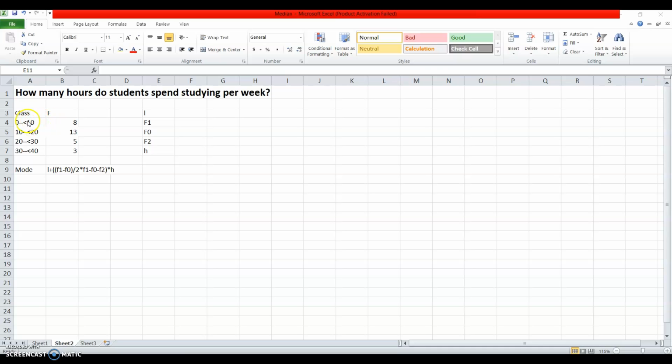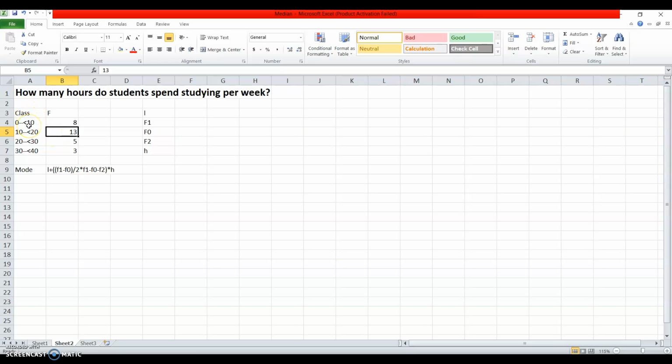So for example, the first row tells us that 8 students spend from 0 to 10 hours studying per week, and the second row tells us that 13 students spend from 10 to 20 hours studying every week, and so on.